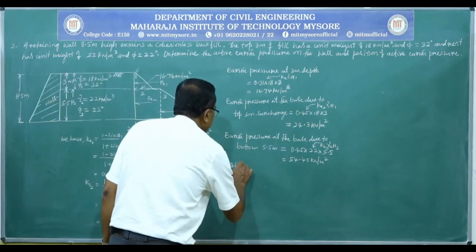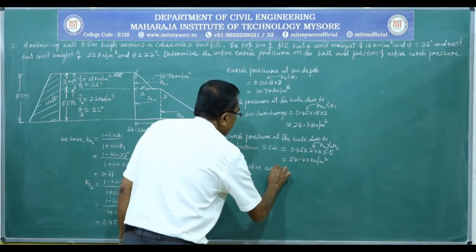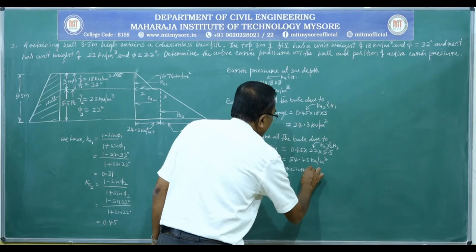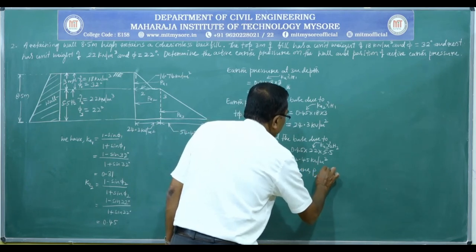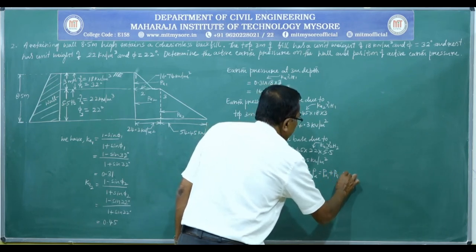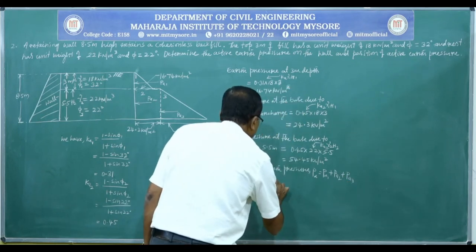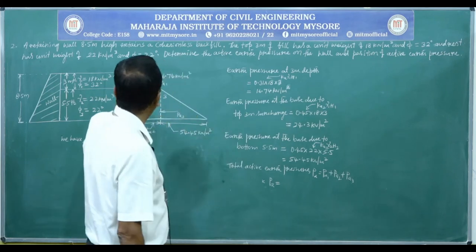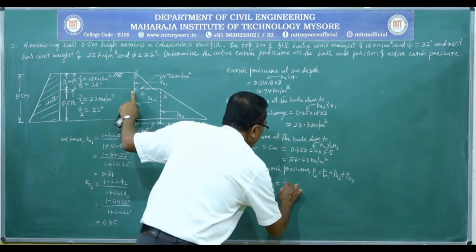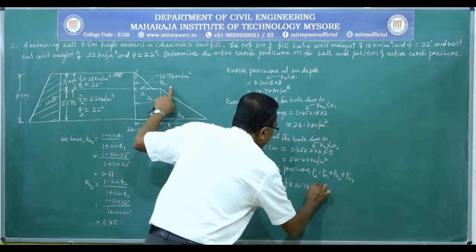Total active earth pressure PA is equal to PA1 plus PA2 plus PA3. PA1 is the area of the first triangle, it is half into base, 16.74, into height, 3 meter.